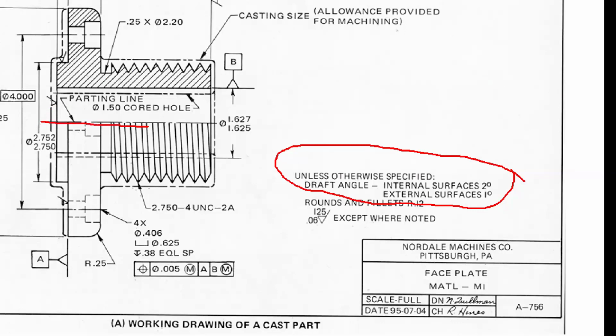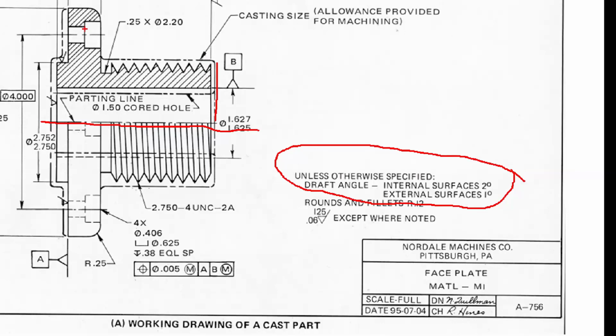So here's the parting line. An external draft angle: this wall, and this phantom line, is the size of the material when it comes out of the casting. I cannot cast these threads, these counterbore holes, with any dimensional accuracy or precision at all in a casting.